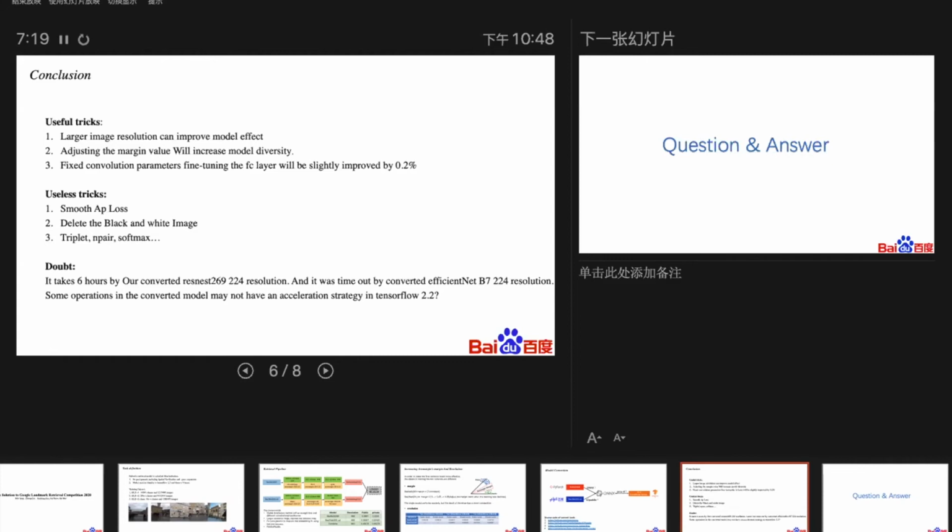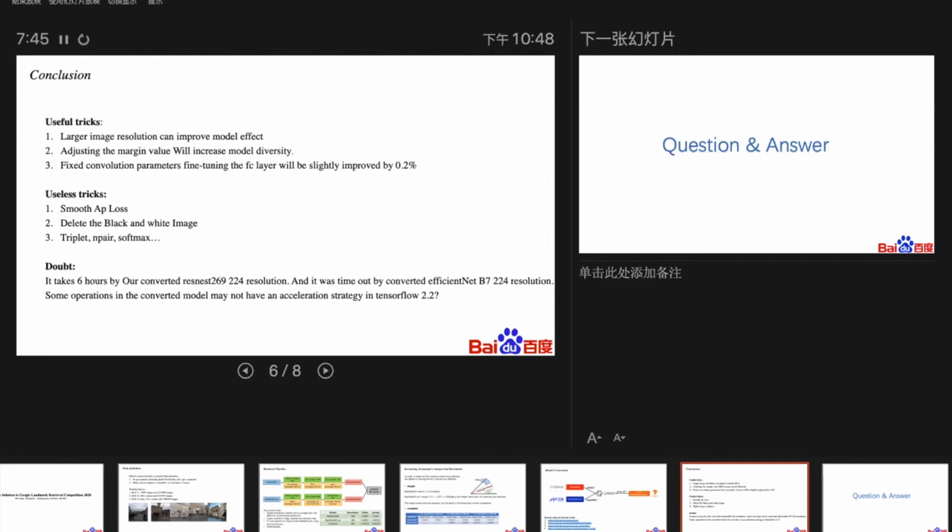Finally, we have some doubts. It takes 6 hours by our converted ResNeSt at 224 resolution. It was beaten by the converted EfficientNet-B7 at 224 resolution. Some operations in the converted model may not have accelerated strategies in TensorFlow 2.2.